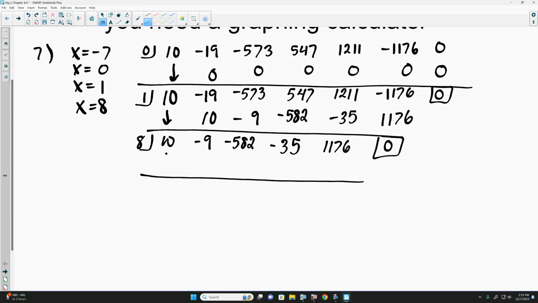Let's save -7 for last. We'll do 8 next. Now, the order in which we do these really doesn't matter. We just need to pick one and do it.